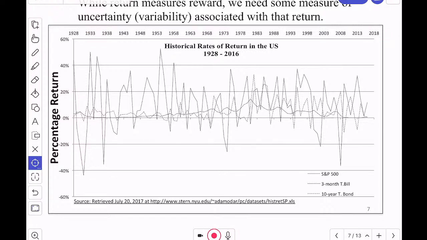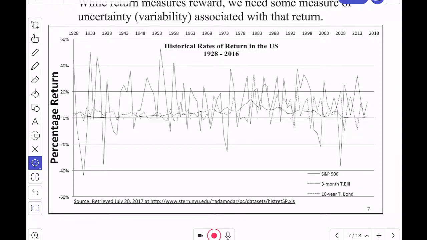And then not so wild in between, with the dashed line, are the 10-year Treasury bond returns. And then the most solid, regular one here is the 3-month Treasury bill.